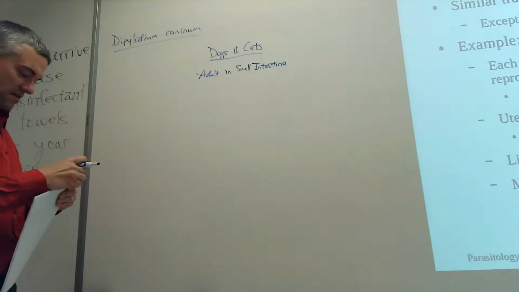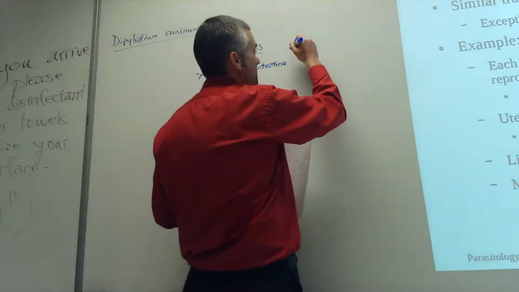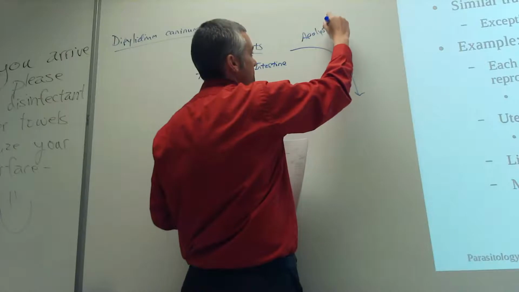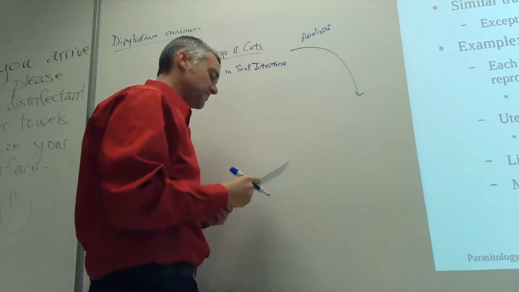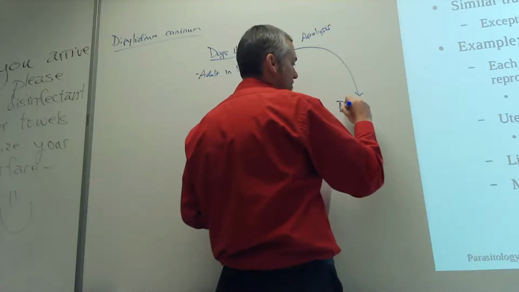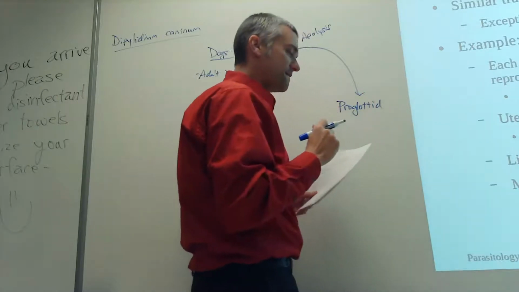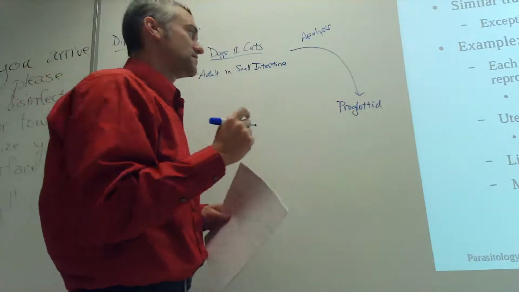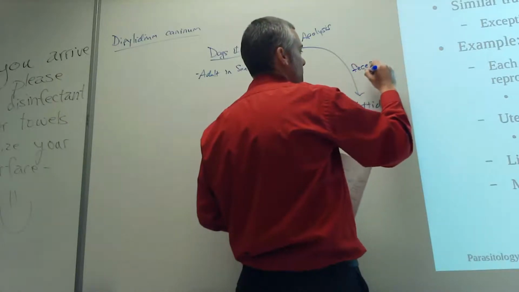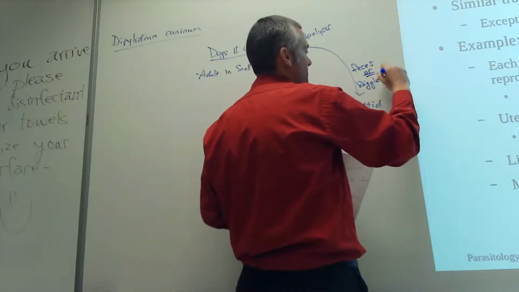All right, so how do the eggs get released? It's actually the gravid proglottids that get released. So it's apolysis. And proglottids are what comes out of the host. Now, they come out in the feces, or they actually wiggle out.